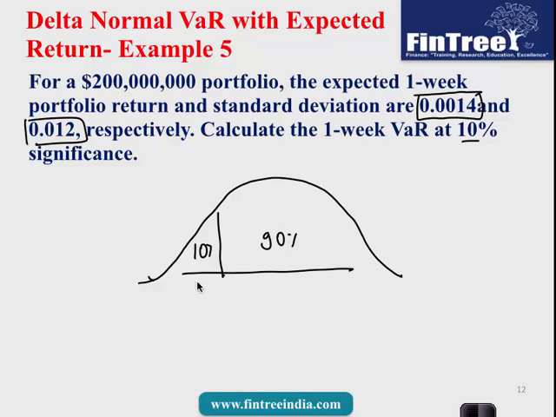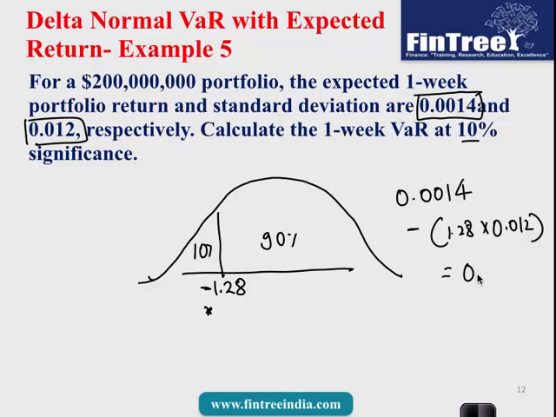What is the Z value? Minus 1.28 into, now in this case we have a return, so we'll actually have to solve for it. So your expected return is 0.0014 minus 1.28 into standard deviation 0.012, that will be 0.01396.